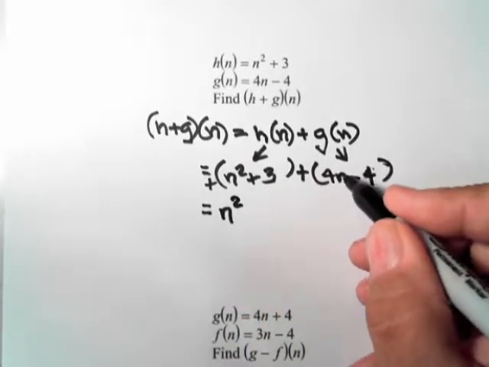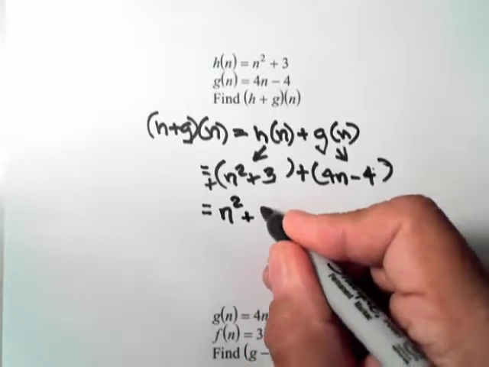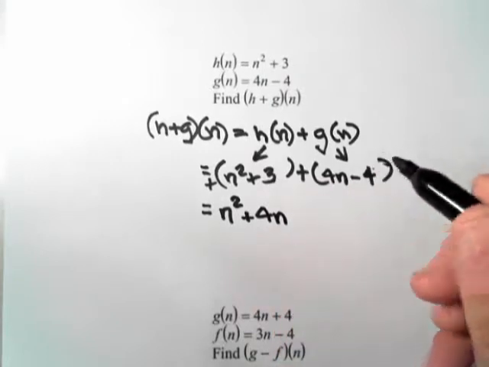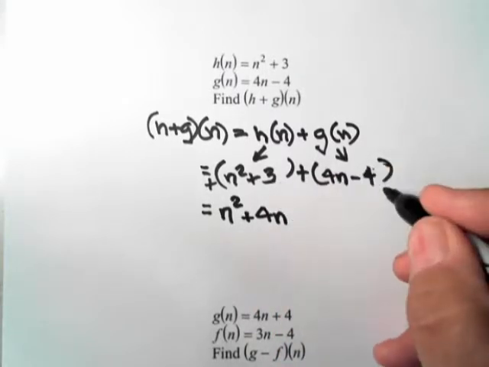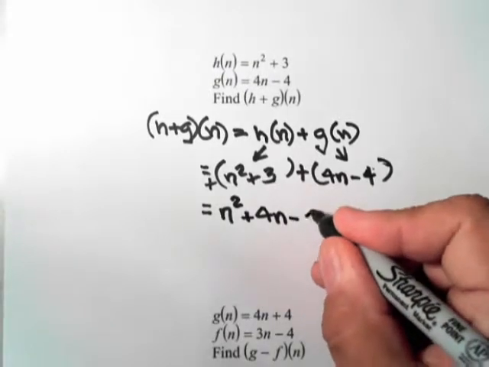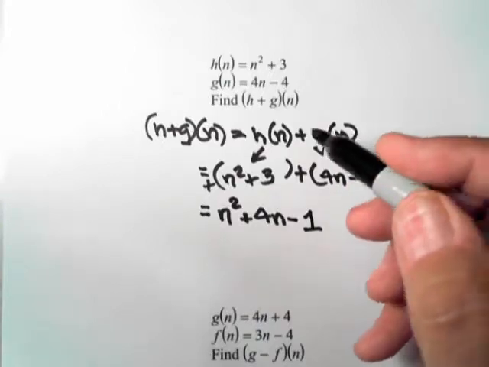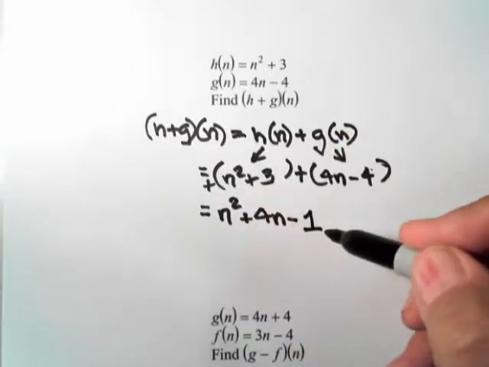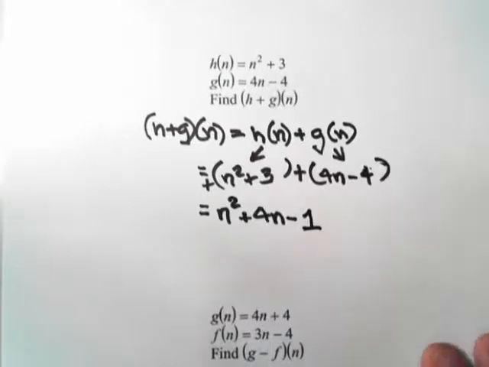Then there's only one term with the n to the first power, and it's positive, so plus 4n. And then we're down to the plain numbers. Plus 3 minus 4, I think, is negative 1. So there it is. This is h plus g of n equals n squared plus 4n minus 1.